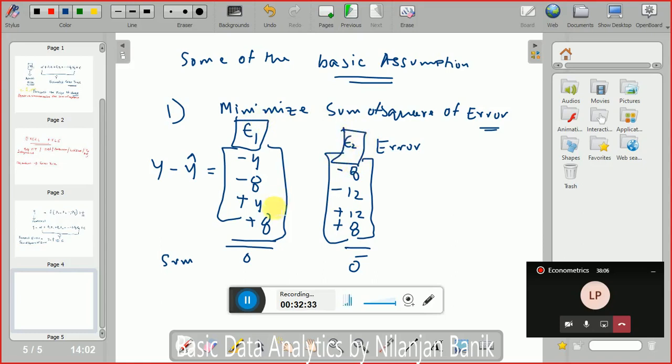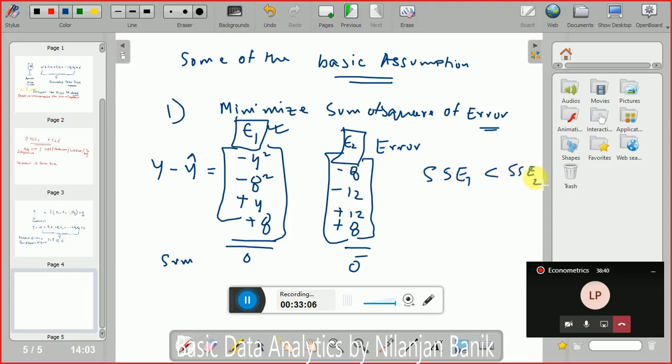Therefore it is advisable that if I were to choose sample 1, which has a better forecasting ability, technically I should do the sum of square of errors, because if I square the errors and then add, the square of error for E1 is going to be much less than the square of error for E2.